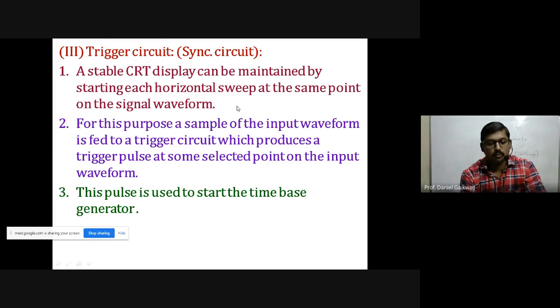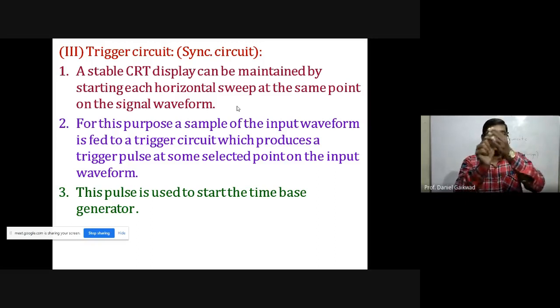Horizontal sweep means the beam sweeps horizontally, going in the forward direction and the backward direction, similar to a pendulum. So the electron beam sweeps forward and backward in the horizontal direction, and that is matched with the vertical as well.